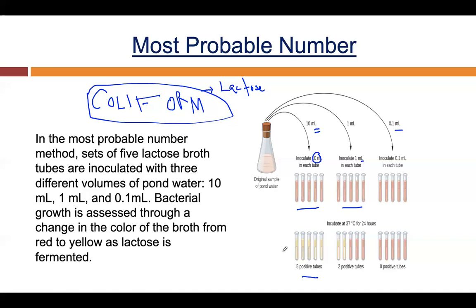Over here we don't see any: when we inoculated the lactose tube with 0.1 ml sample, there was no positive result. So our result is 5, 2, and 0.